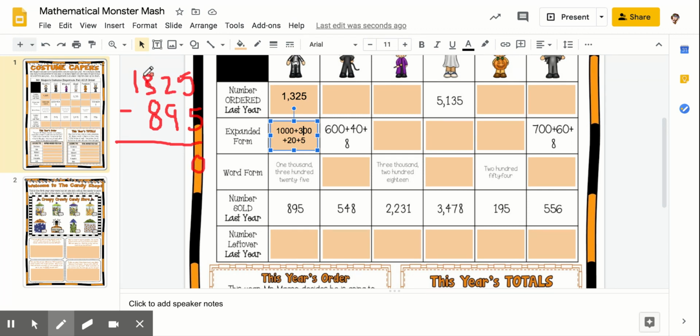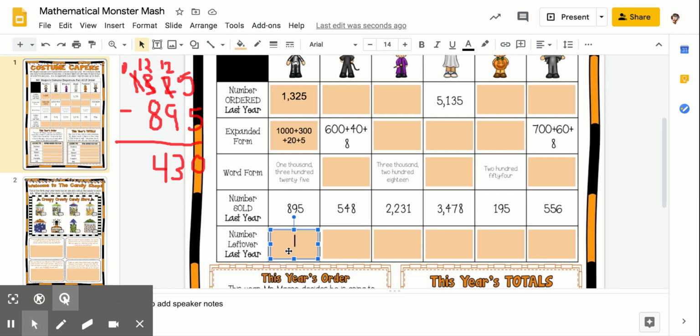Gotta borrow. Oh, that's 2. Get 3. Gotta borrow again. And I get 430, right? So that means the number that he would have left over from last year to this year would be 430 costumes. So I'm going to do that for every single column, right?